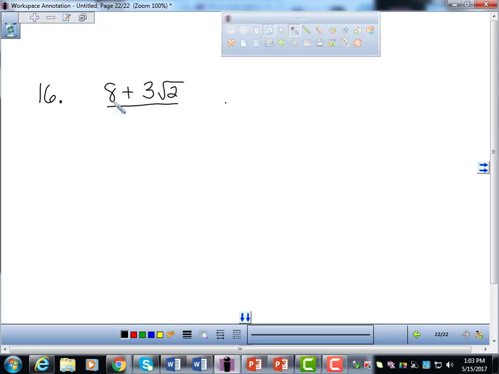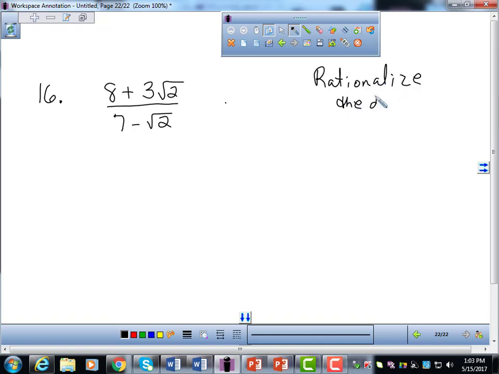Okay, we have 8 plus 3 square root of 2 over 7 minus square root of 2. Are we allowed to have the radical on the bottom? No. So we are going to rationalize the denominator. How do we rationalize the denominator?